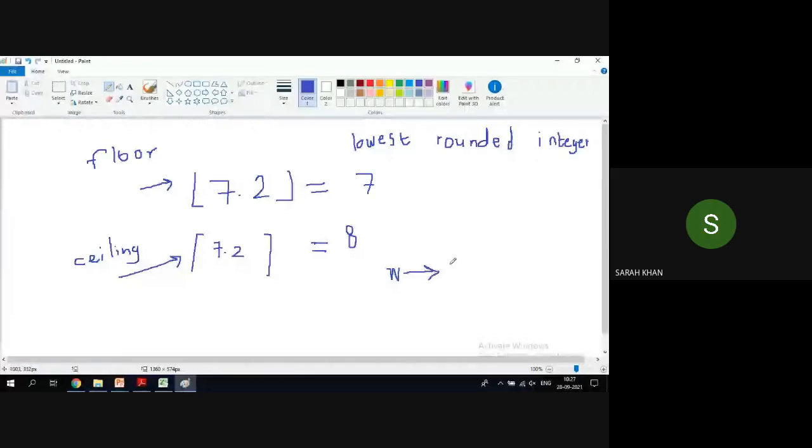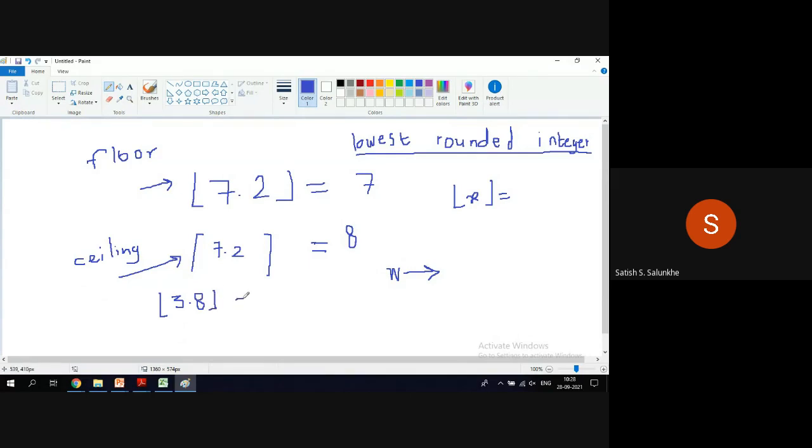Okay. The floor function is what used to be called the greatest integer value function. If you give any number to this, the floor of x is equal to the lowest rounded integer. That means, apply here 3.8.